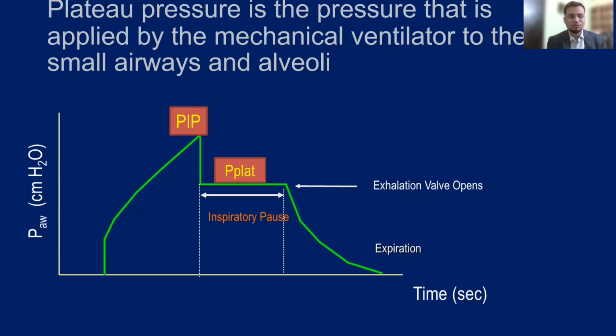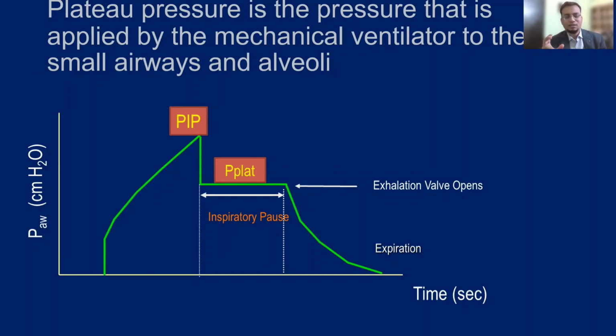What are the respiratory situations where pulmonary compliance goes down? So all the pulmonary edemas, where the fluid is accumulated inside the alveoli or outside the alveoli. It may be cardiogenic or non-cardiogenic pulmonary edema. These are the situations where the pulmonary compliance goes down.